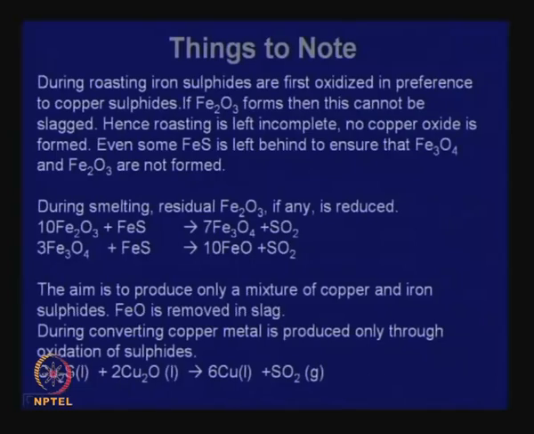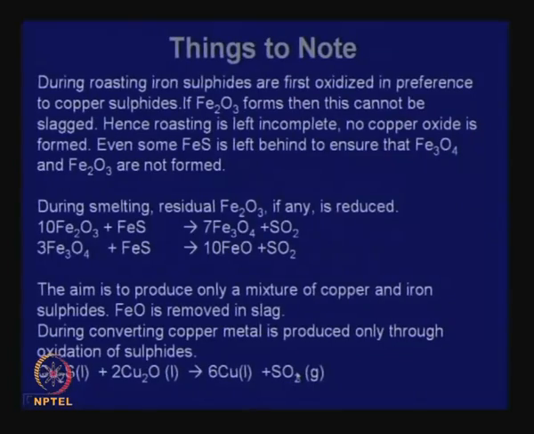Once it reaches Cu2O, there is a very interesting reaction between Cu2S and Cu2O that forms copper straight away. The reaction is written as Cu2S plus 2 Cu2O to produce 6 Cu and SO2.